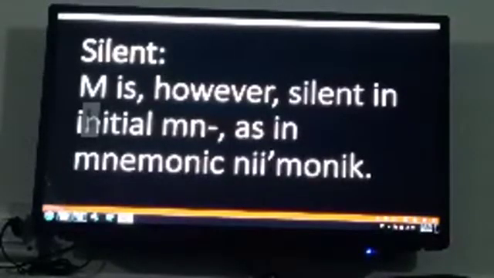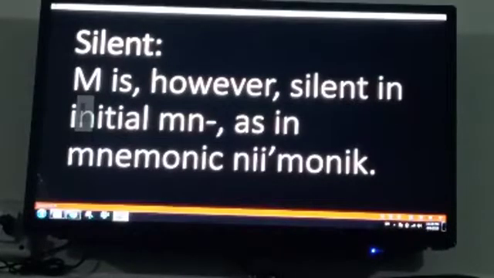Like mnemonic. Here M is silent. Remember, when M comes before N at the initial position, then M is silent. When M comes before N at the final position, then N is silent.